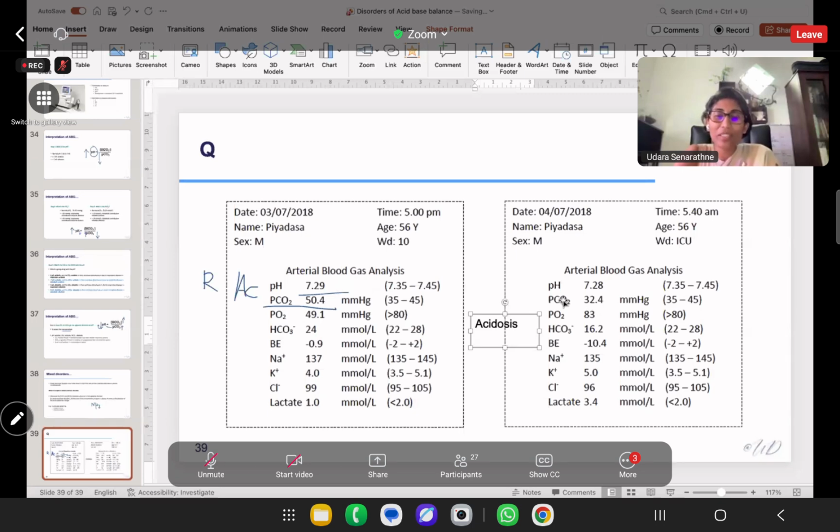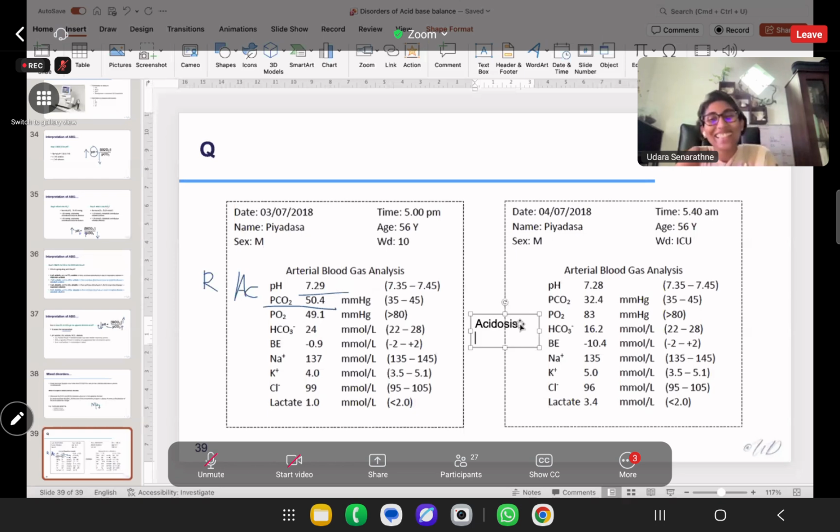Is CO2 contributing to the acidosis or not? CO2 is 32 mmHg. Is it contributing to the acidosis or not? No, very good. So therefore, it's not the respiratory.